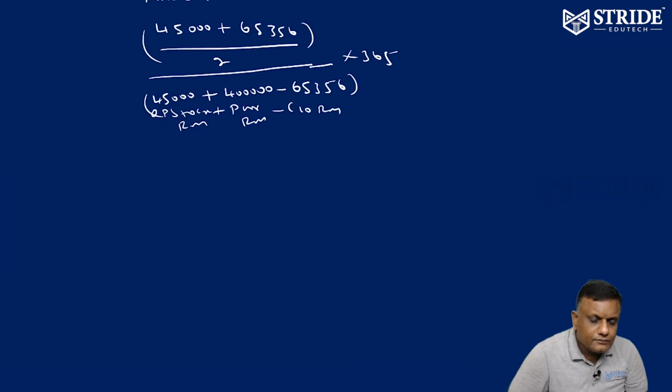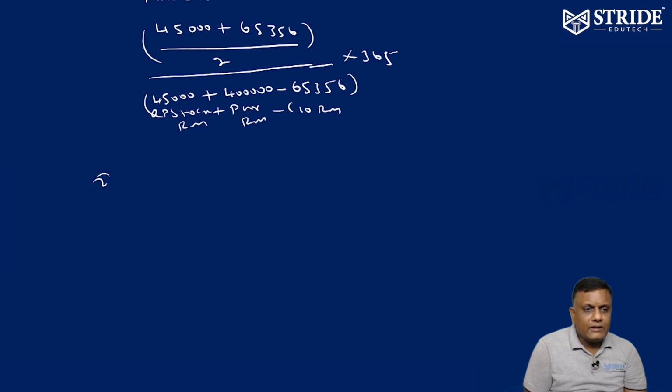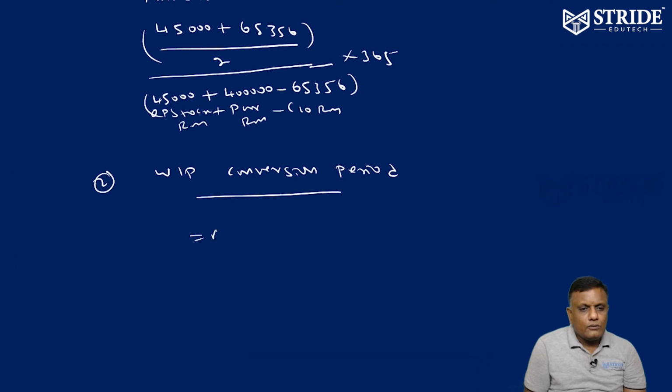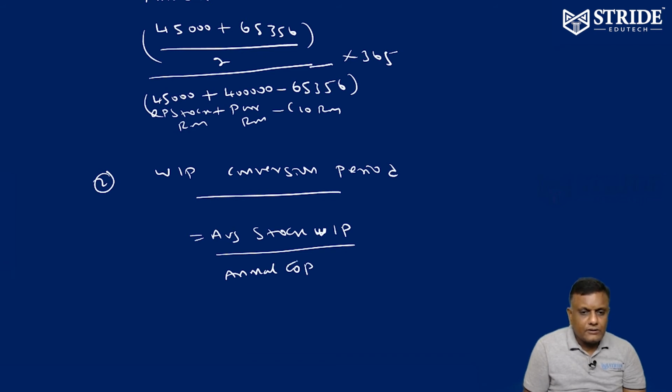Number 2, WIP conversion period. Work in process conversion period is equivalent to average stock of WIP by annual cost of production into 365.